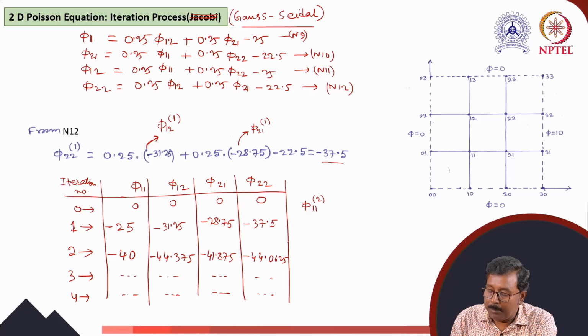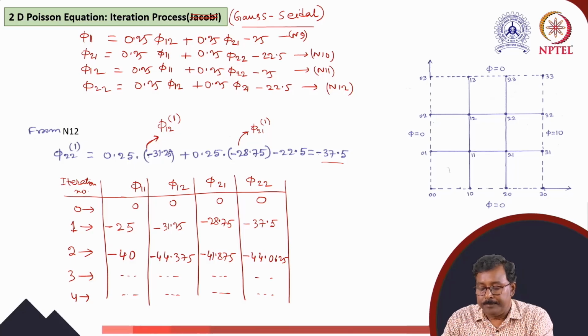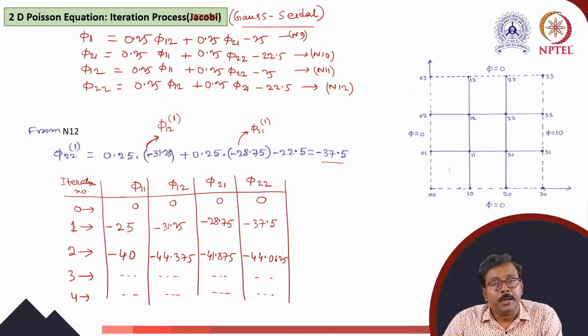If you compare with the Jacobi method, in most cases generally Gauss-Seidel gives faster convergence than the Jacobi method. So after formation of the node equations, that is linear algebraic equations, you can proceed with the two types of iteration to get the final converged solution of interior node values.